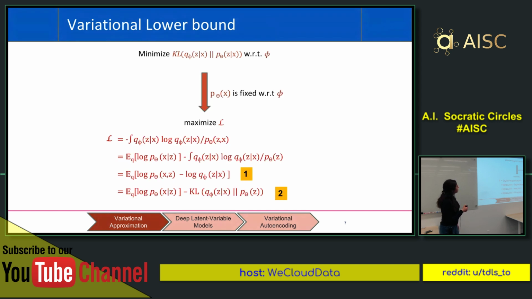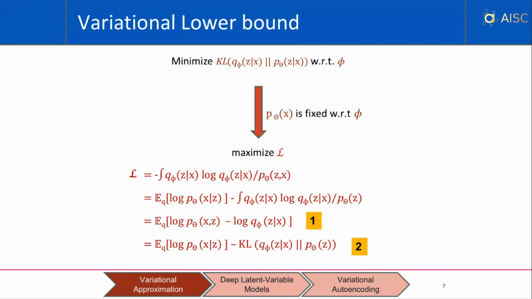Back to our goal: we want to minimize the KL divergence with respect to the variational parameters phi. The marginal likelihood P(x) is fixed with respect to the variational parameters. So the goal is to maximize L, and this is L. This is the expectation with regards to Q. I can rewrite it like this.